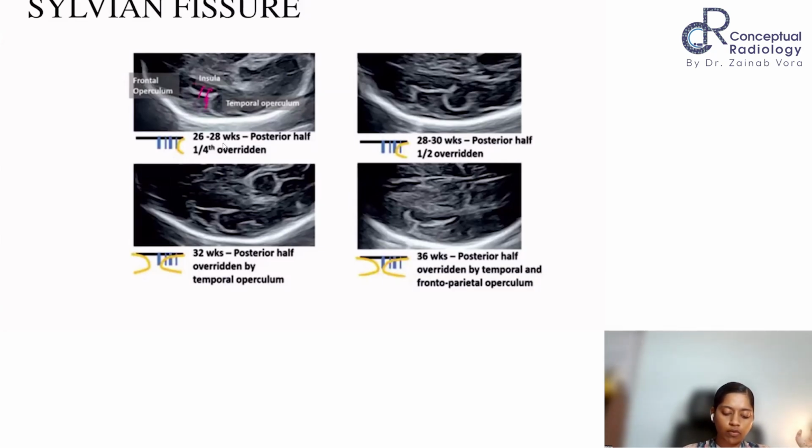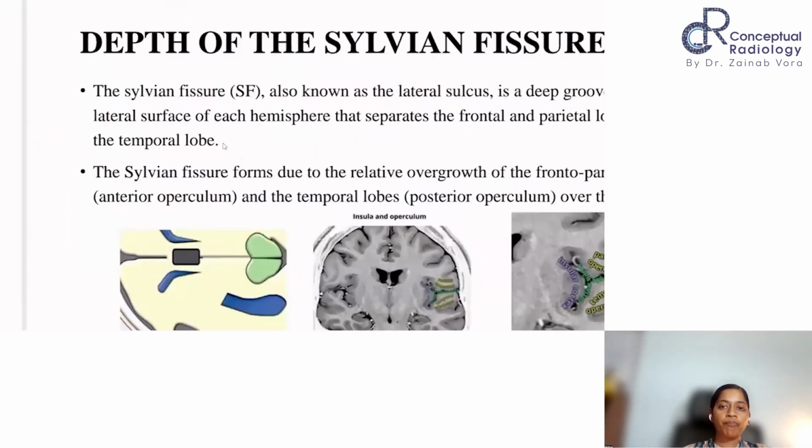If I divide this into 4 spaces, you see only 1/4 is covered. Then it becomes half. By 32 weeks, the posterior half is covered. Then at 36 weeks, it completely opposes. So now you have a sort of branching. So that is how the Sylvian fissure evolves.